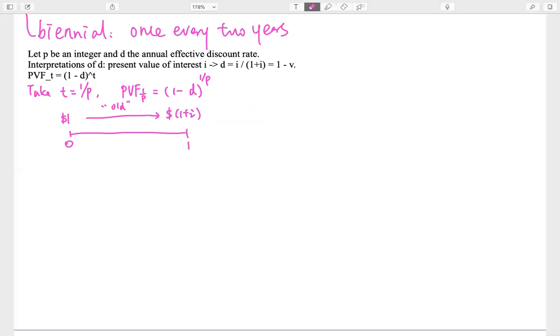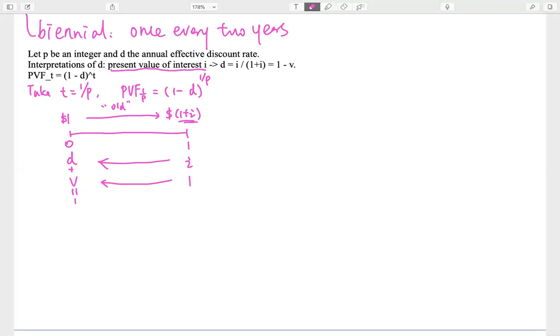So 1 is principal, i is interest. But if I want you to pay everything at 0, let's separate this. We know if I discount i back, it would be d, exactly the present value of i. And 1, obviously discounted, is v, right? So add those back, so d plus v equals 1.